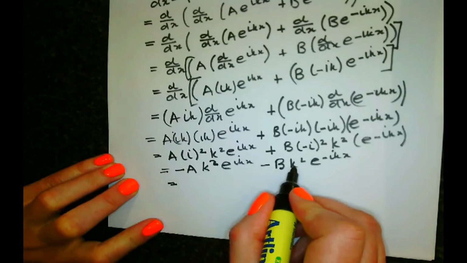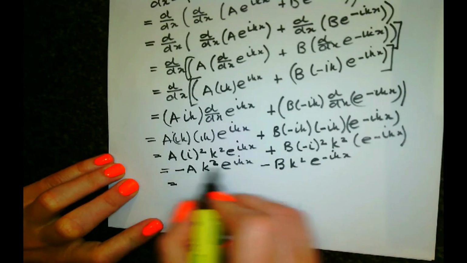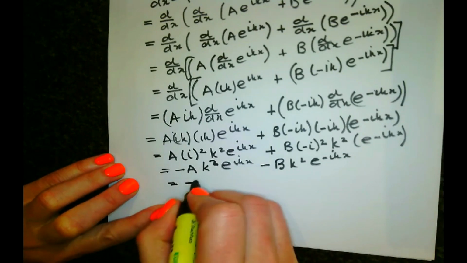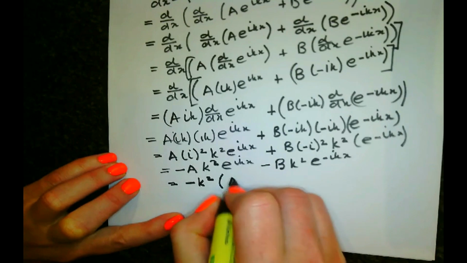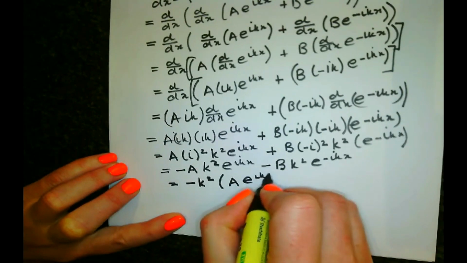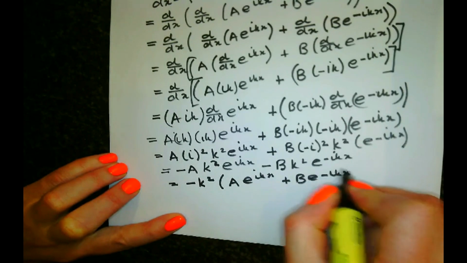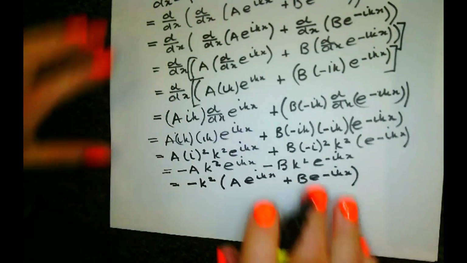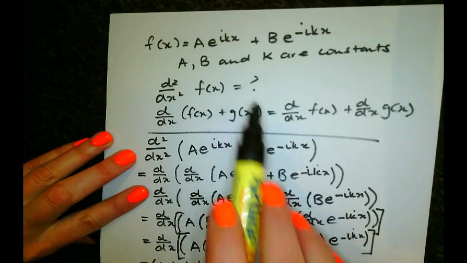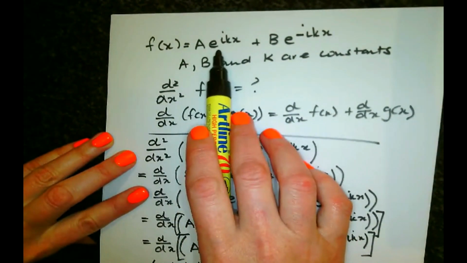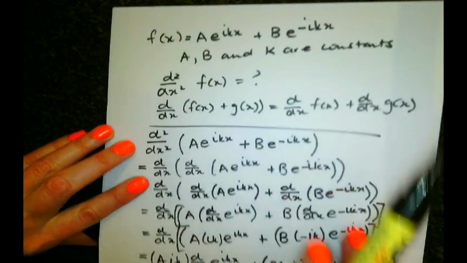You'll see that we have k squared as a common factor, and we also have minus 1 as a common factor. So if we take out minus k squared as a factor, it becomes a e to the ikx plus b e to the minus ikx, which is the function that we started off originally with, a e to the ikx plus b e to the minus ikx.